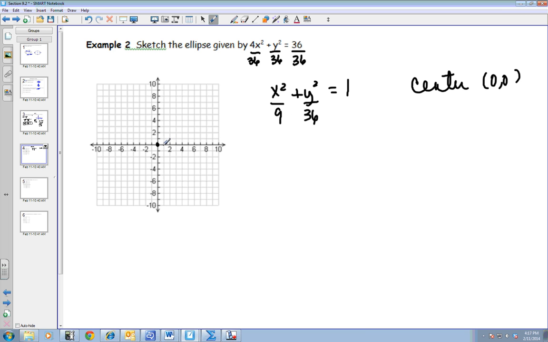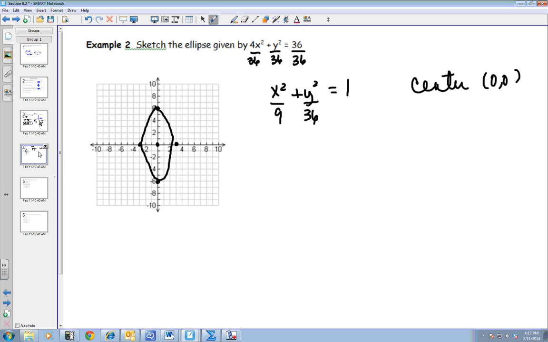So I'm going to have a distance of 3 on the x-axis and a distance of 6, because square root of 36, on the y-axis. All right, and it's going to be really ugly. You guys will do so much better because I can't hit my points, but there's the ellipse.